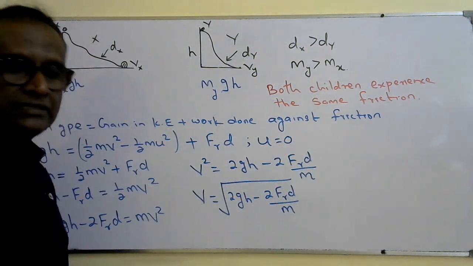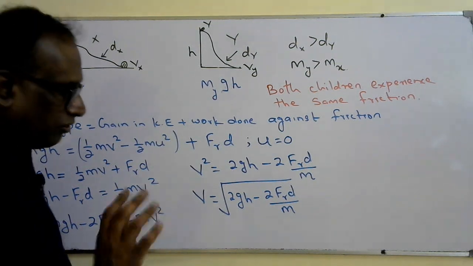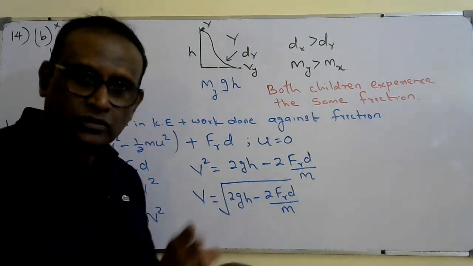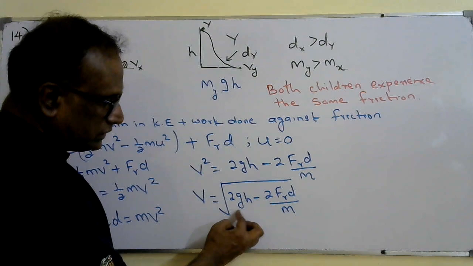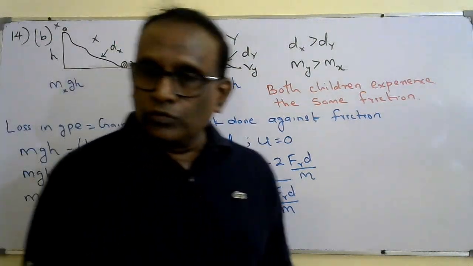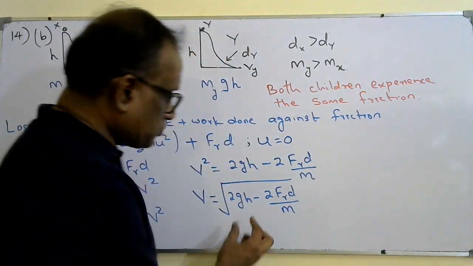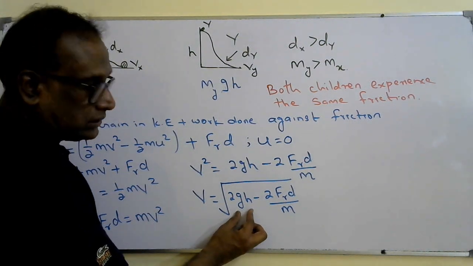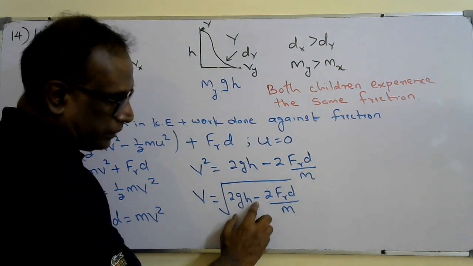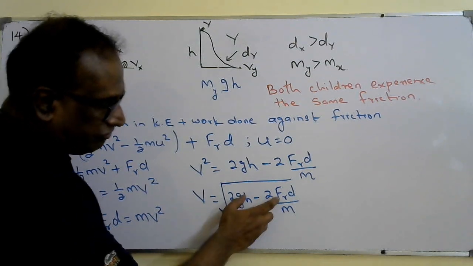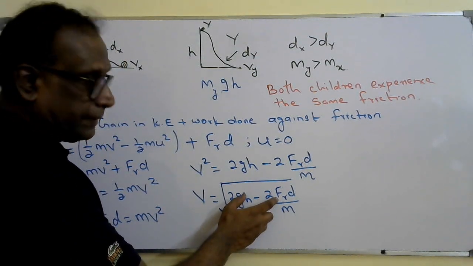Now I have to give the final conclusion. Now you can see for both slides or for both children, this quantity 2gh is the same because both are moving, falling through the same height. So this quantity is the same for both. On the right side, minus this quantity, Fr is the same, friction is the same.